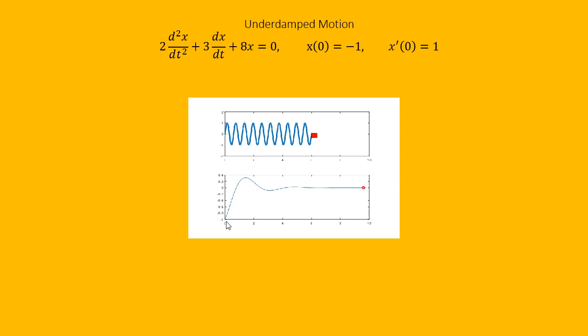So, what do we expect to happen? Well, at time 0, the displacement is -1. The natural length of this spring is 6, so if the displacement is -1, this spring is going to be compressed, and the end of the spring, where it's attached to the mass, should be at 5 initially. Then, as time goes on, the displacement increases until it's a little bit past 0. 0 is right here.